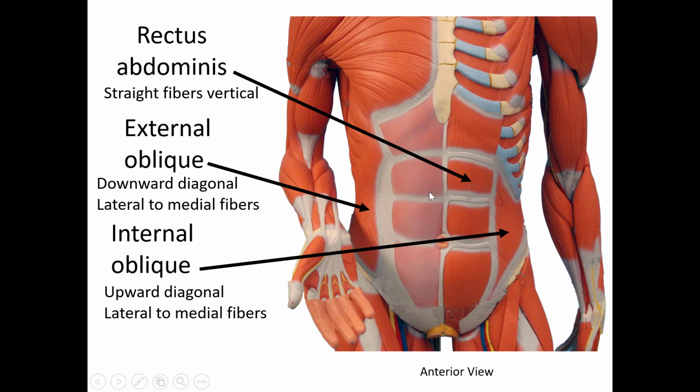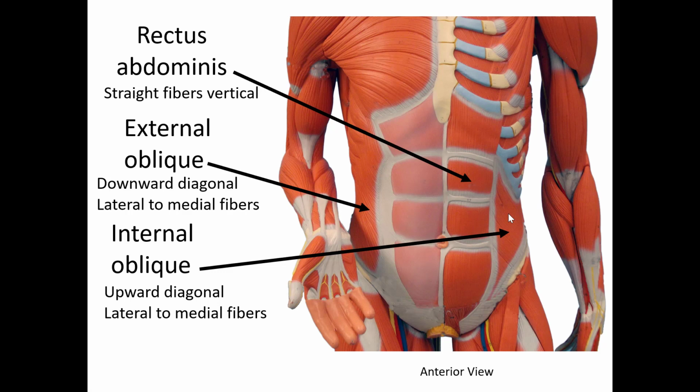These obliques can be easy to confuse, particularly on a model like this, so you need to pay attention to the fiber directions. There's a couple of ways to remember this. If you slip your hands into your pockets, your fingers will be pointing in the same direction as the external obliques. If you cross your arms, your fingers will be pointing in the same direction as the internal obliques.